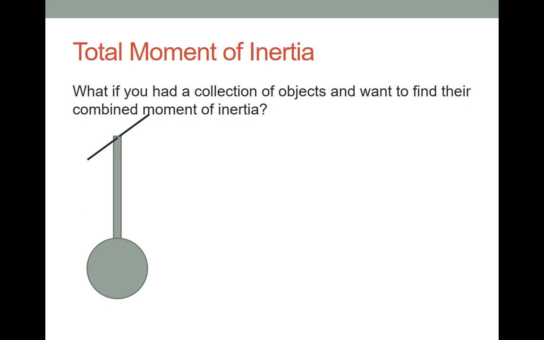So what I have here is a sphere attached to a long, thin rod. If I go back to the table that I gave you a couple slides ago, we find that the moment of inertia of a rod about the end is 1/3 ml squared, where L is the length of the rod. I'm going to make this m_r for the mass of the rod.